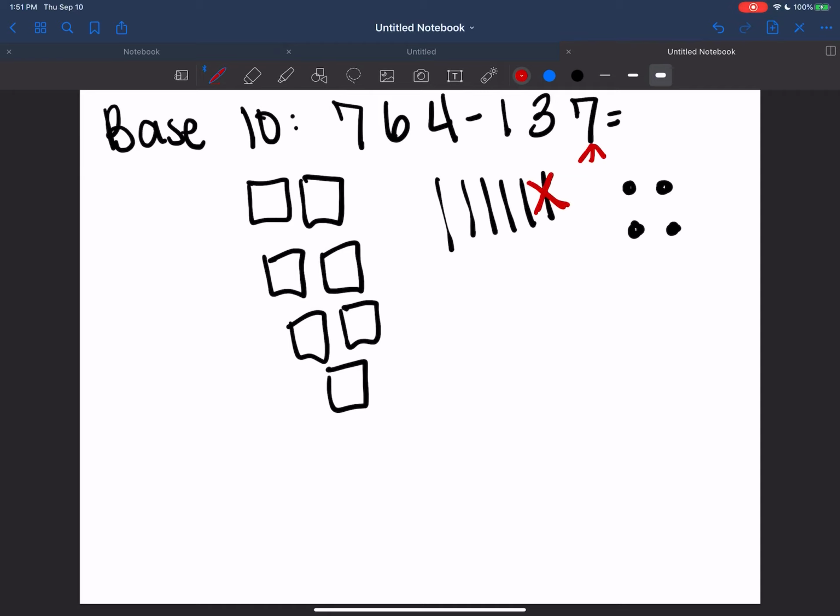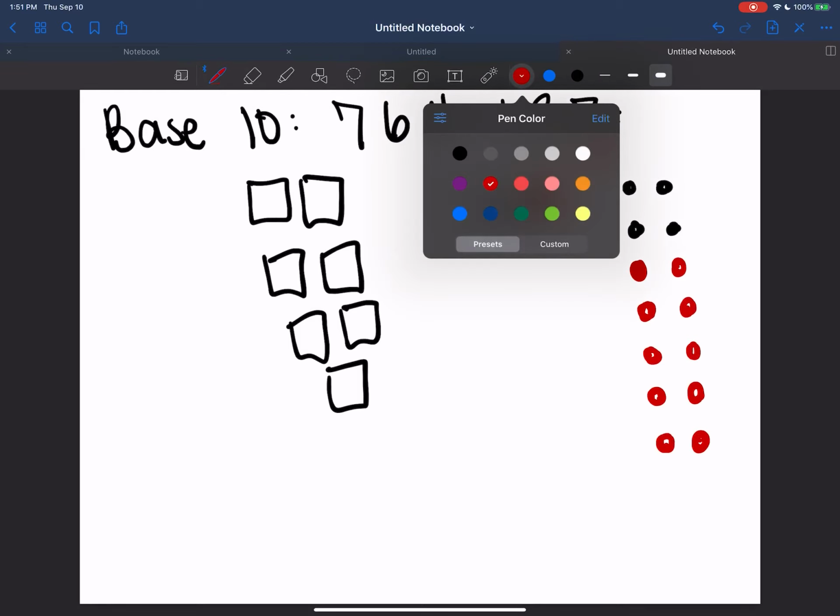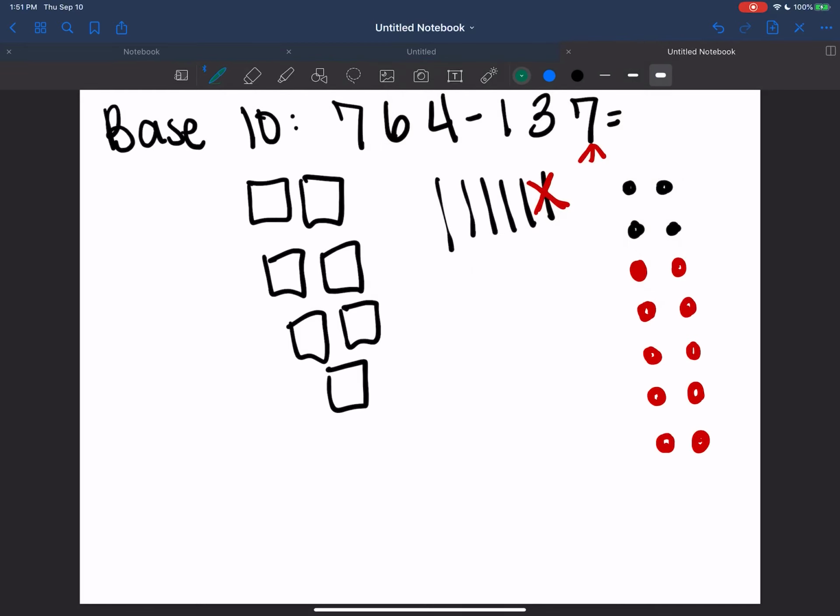So remember, 10 ones make a 10. I'm going to go ahead and add those in. 1, 2, 3, 4, 5, 6, 7, 8, 9, 10. Now I have enough ones to take away my 7 ones that I started with. So I'm going to cross out or take away 7.